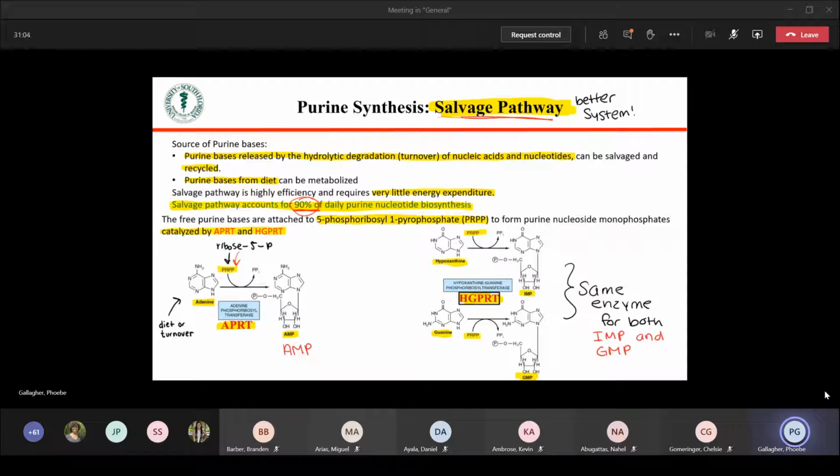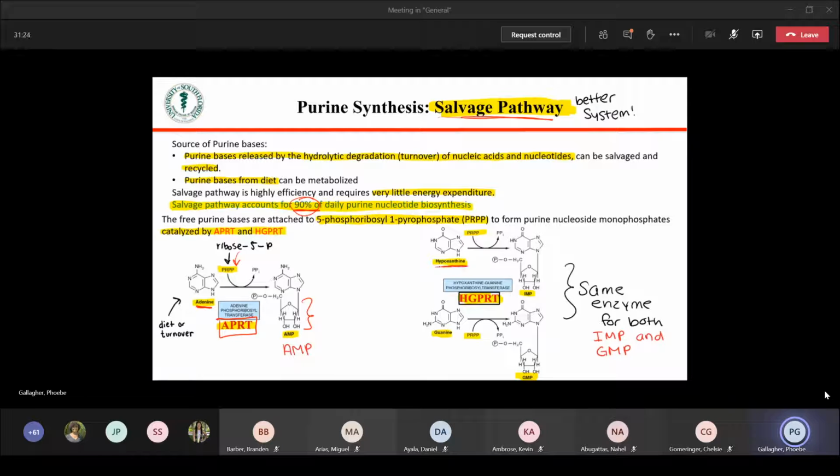And then you're ultimately going to add this adenine to the PRPP, and the PRPP is essentially like the sugar group. When you add it together, you're going to get your AMP, your nucleotide, and this is the enzyme that you have to know specifically for adenine.